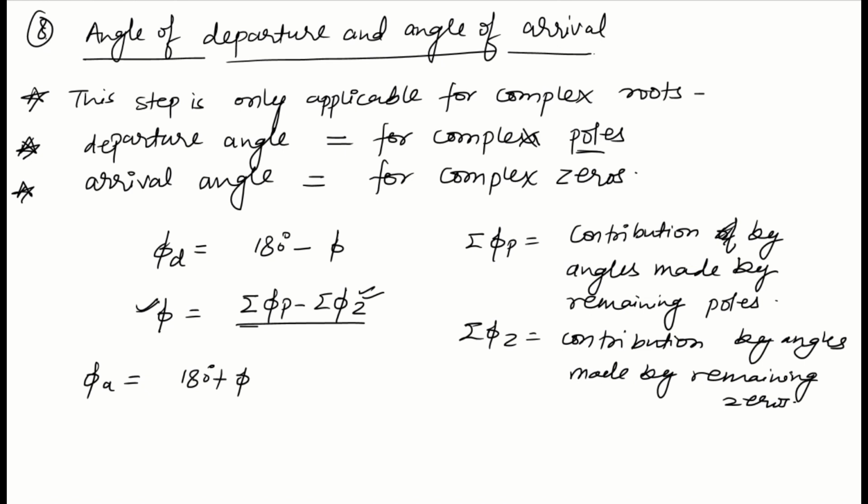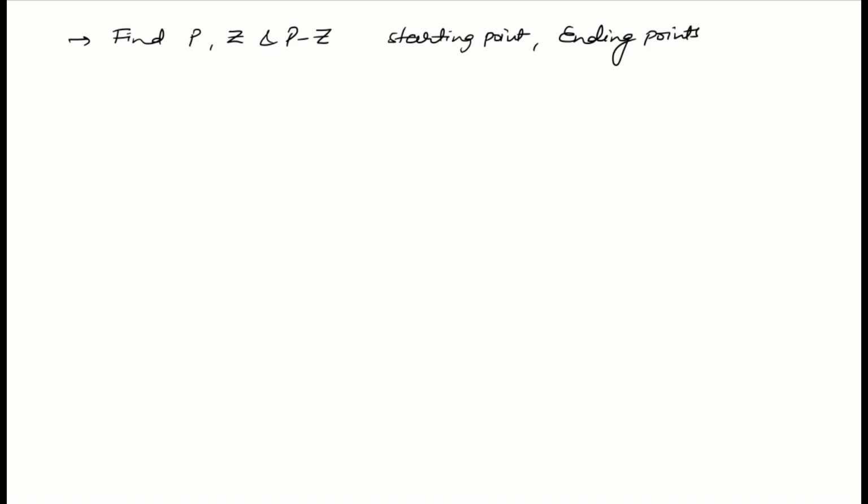To summarize all this, let me take the next slide. To construct a root locus, first we find the number of poles, capital P, the number of zeros, capital Z, and then P minus Z, which gives the separate branches of the root locus.